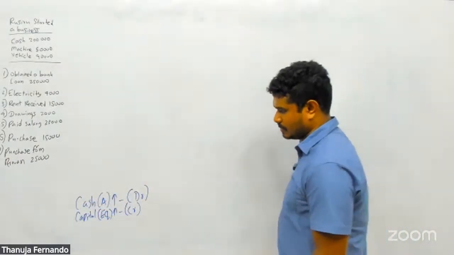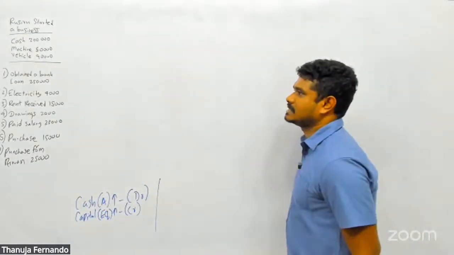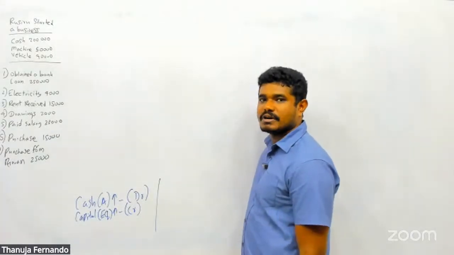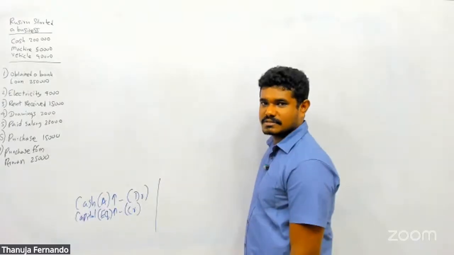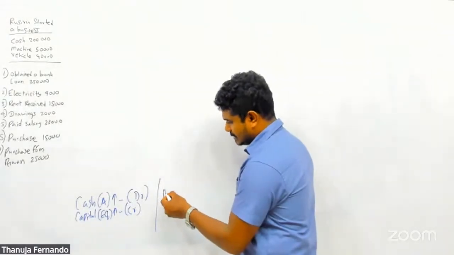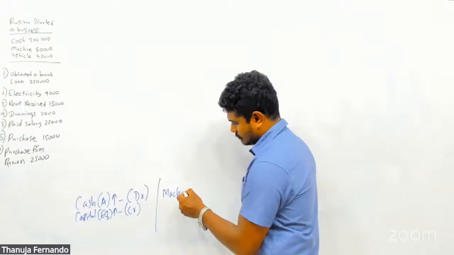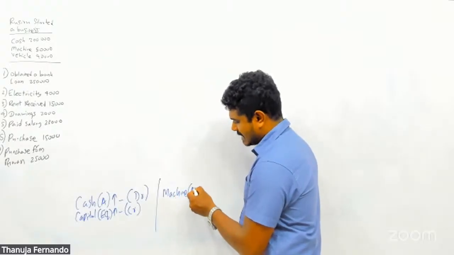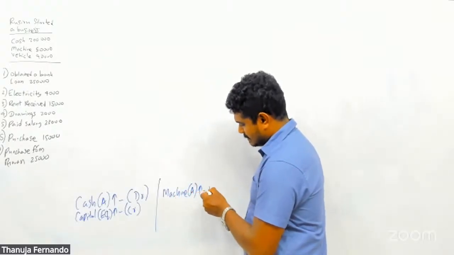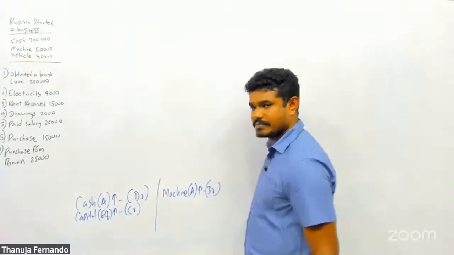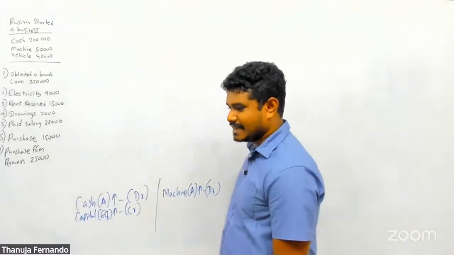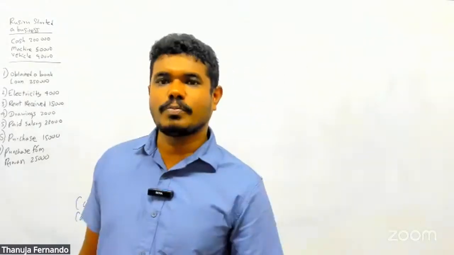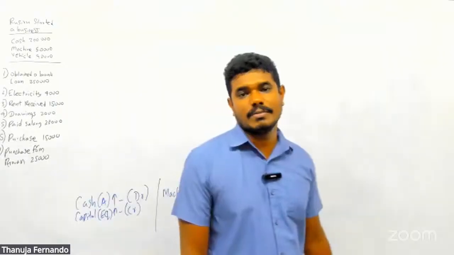Then next one. The owner invested a machine worth 50,000 to the business. Then the machine in the business increasing. Machine is an asset. Asset increasing, debit. Who gave this to the business? There are mainly two parties that provide resources to the business.